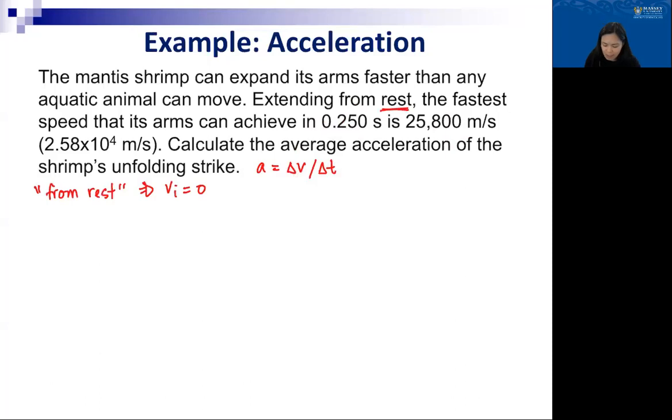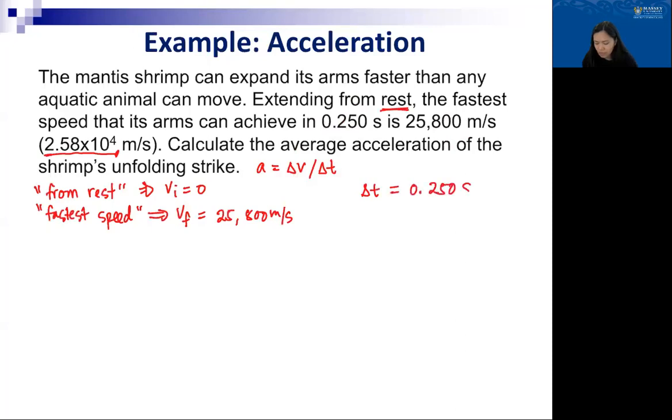And then fastest speed, of course, will mean final speed, which is 25,800 meters per second, which can also be written as 2.58 times 10 to the 4. We will learn how we write it in this notation in the following lectures, so don't worry about that at the moment, right? And then you have your time interval, 0.250 seconds.